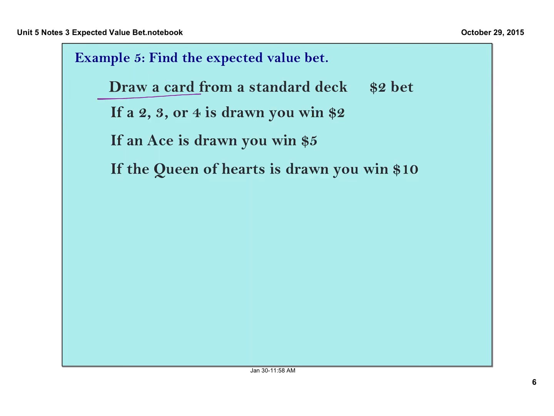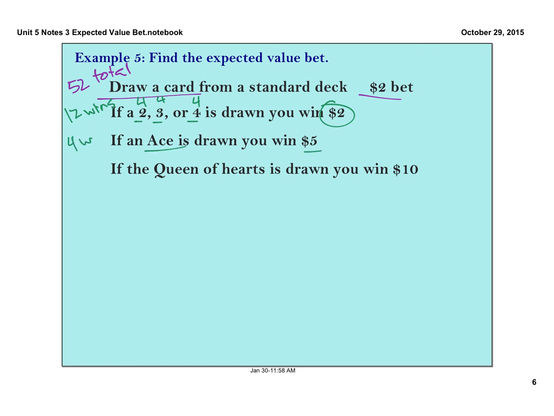So draw a card, standard deck, $2 bet. So that's 52 total cards. All right, so here we go. If we get a 2, a 3, or a 4, you win $2. So 2, 3, 4, there's 4 of those, 4 of those, and 4 of those. That's 12 wins. If an ace is drawn, you win $5.